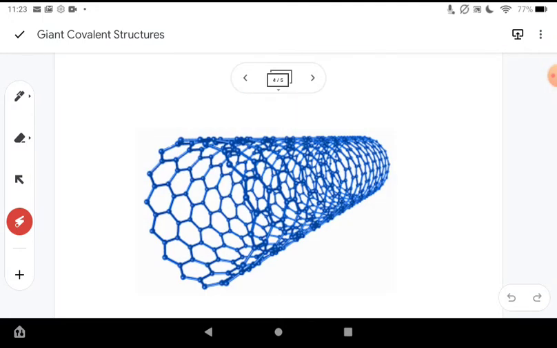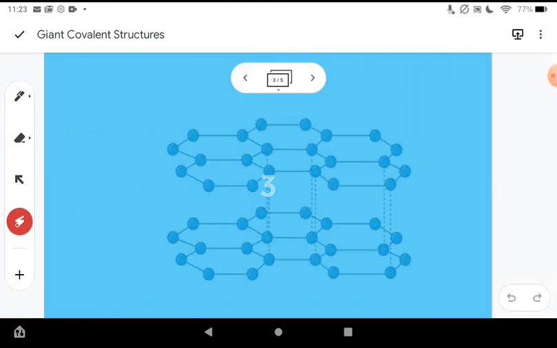And then we look at this. This is called a nanotube, and this again is like a sheet of graphene. So it's got 3 covalent bonds to each carbon, and it's basically taken a sheet of graphene and rolled it into a tube. And it works because you can almost turn these into wires because you've got an electrical current that can go through because the 4th electron in each carbon is delocalized, just like in graphite here.